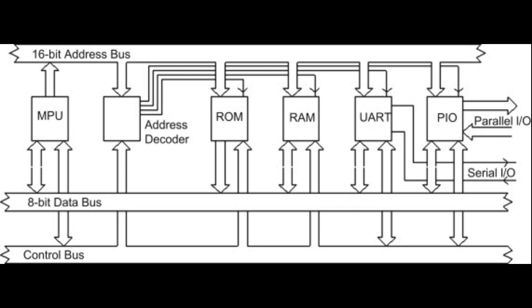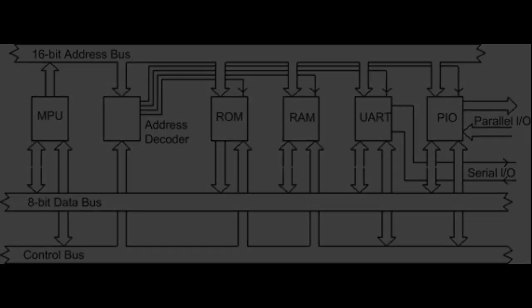When a block is selected, it can either write an 8-bit data byte on the data bus, or read what the CPU wrote on the data bus. That depends on the state of the control bus signals, in particular the read-write signal from the CPU.